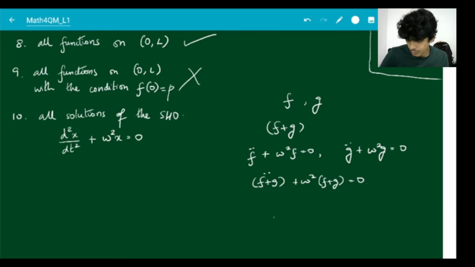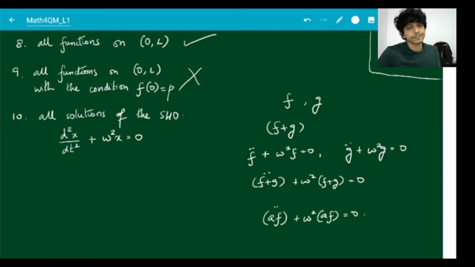Similarly, with scalar multiplication by some a, af whole double dot plus omega square af is also 0. Why does this work? Because the derivative is a linear operator. The derivative of f plus g is the derivative of f plus the derivative of g. For the derivative of a times f, a is just a scalar number, so you can pull it out of the derivative and it becomes a times the derivative of f. Because of that, these conditions are satisfied.